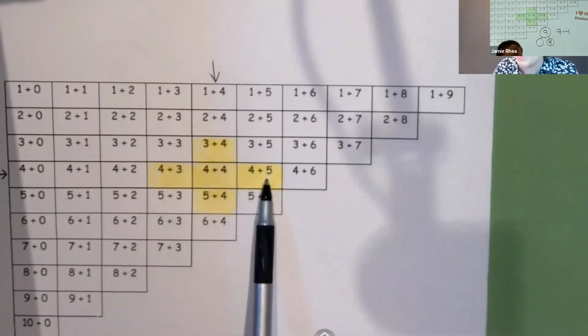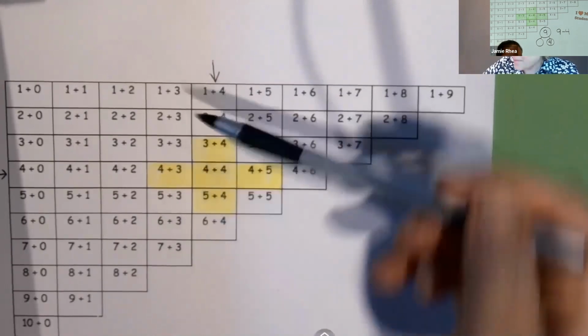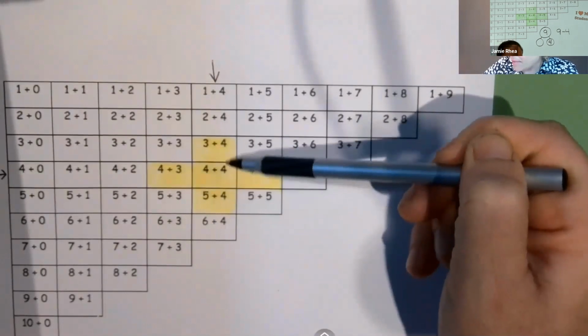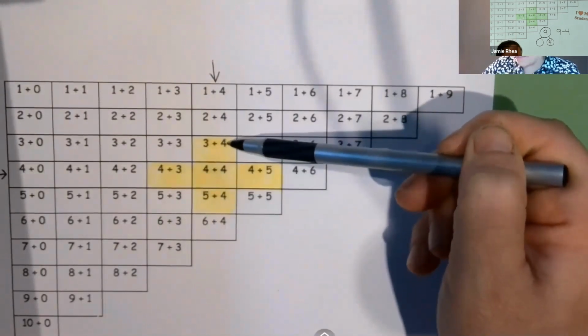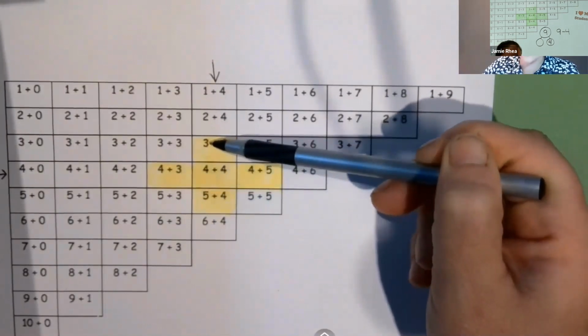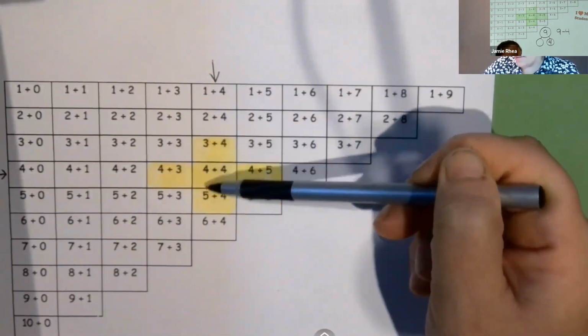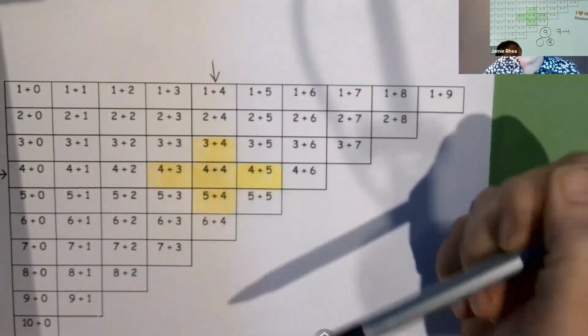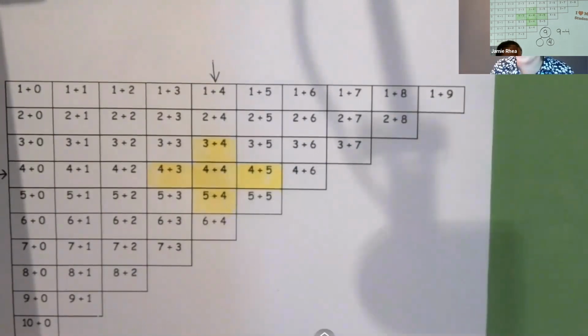That means it got bigger by 1 every time. In the vertical column here, our second addend was 4 every time. And the first addend increased by 1 each time, or got bigger by 1. That's what's causing this shape.